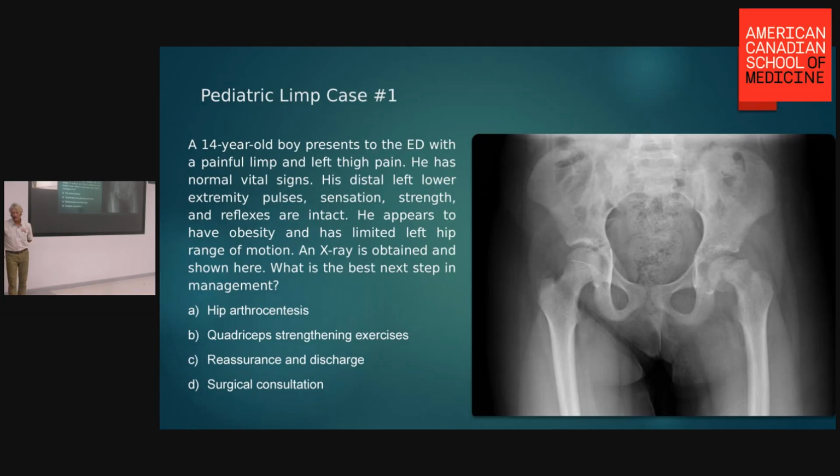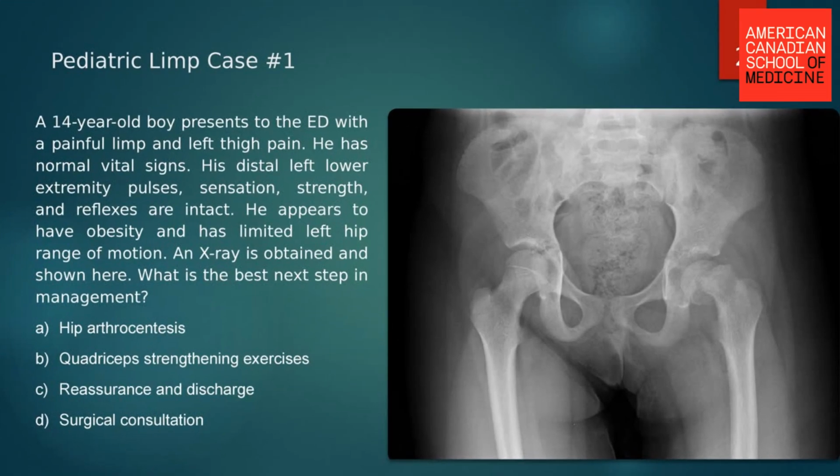So these are some of the options of what we may want to do. Let's first take a look at this X-ray. Could you expand the image a little bit there? Okay, so if you draw your attention to the right side for you folks, the left side of the patient, remember when you're looking at these films, left is the patient's left, right is the patient's right.